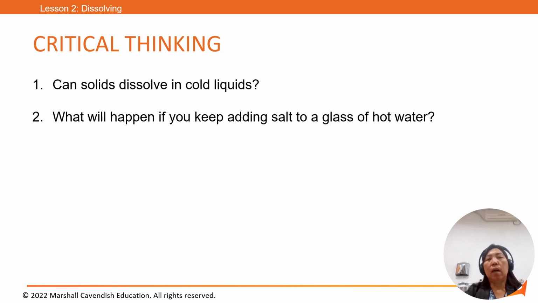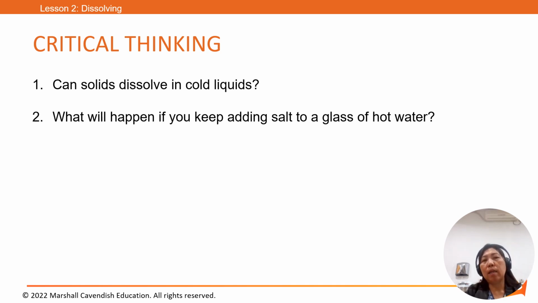Well, the answer is no, because there is a maximum limit for salt to dissolve. So if you keep on adding salt to a glass of hot water, after some time, no more salt will dissolve.